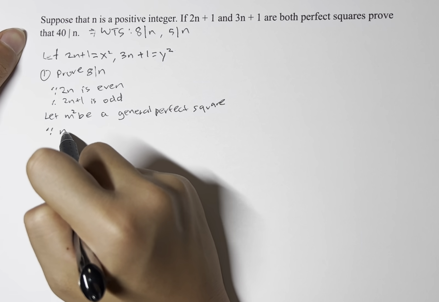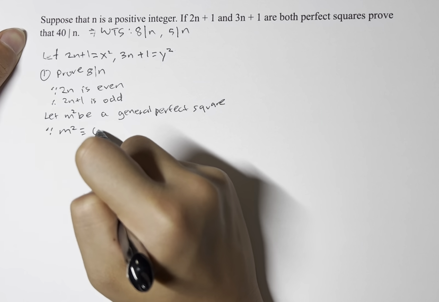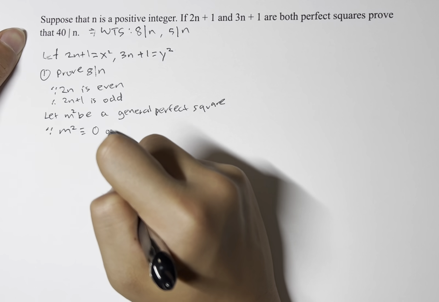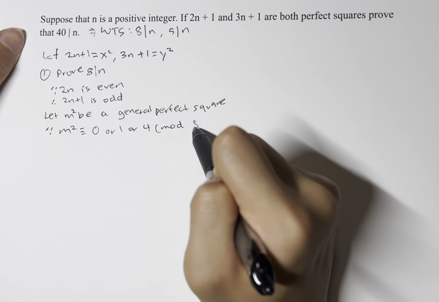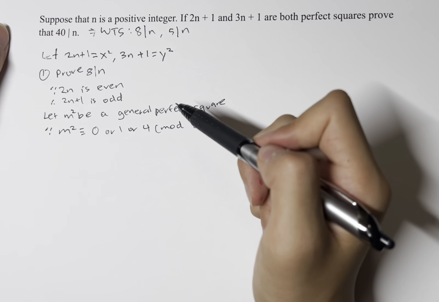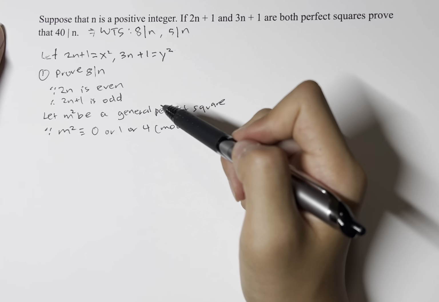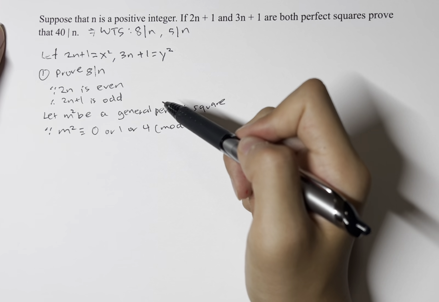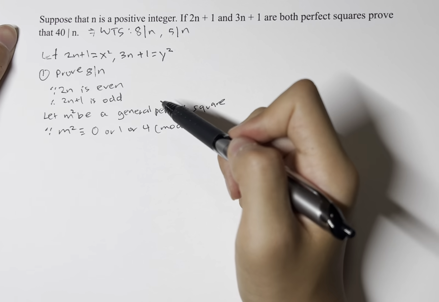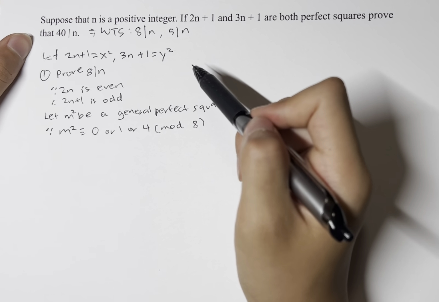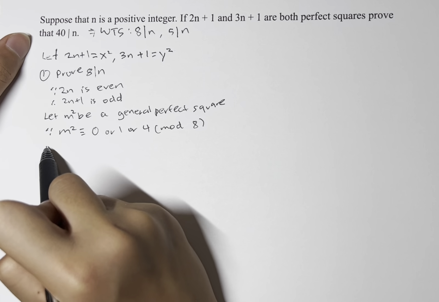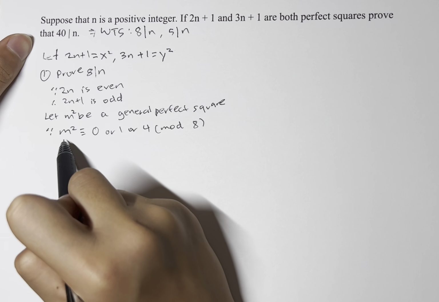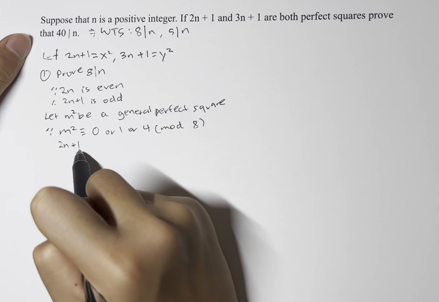Since m squared will be congruent to 0 or 1 or 4 mod 8, any perfect square when divided by 8 will have a remainder of 0 or 1 or 4. This is an identity, a property of perfect squares. And 2n plus 1 is odd, as we have proved.